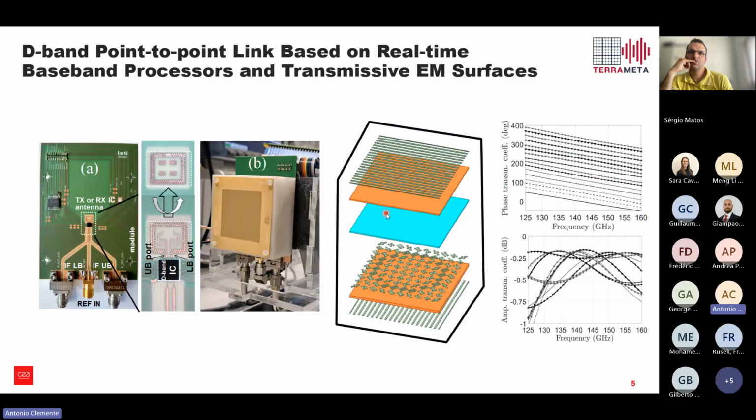So you can see this device when it's passive. The advantage of this kind of structure is that you can achieve a very wide bandwidth. The unit cell, yes, but the total bandwidth of this device also depends on the illumination.